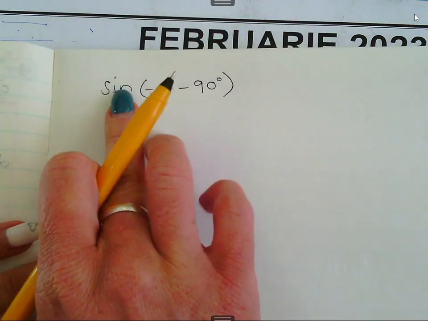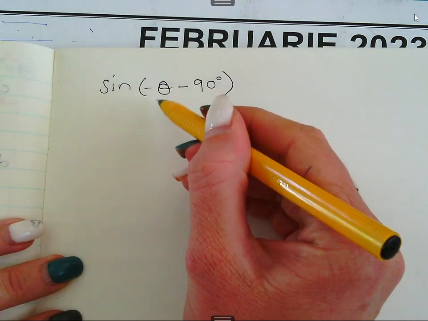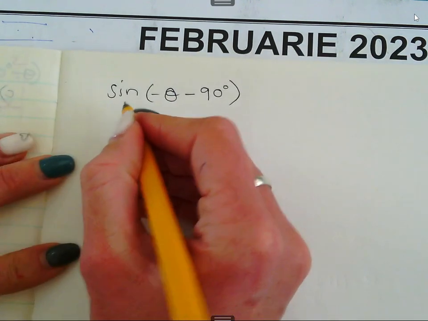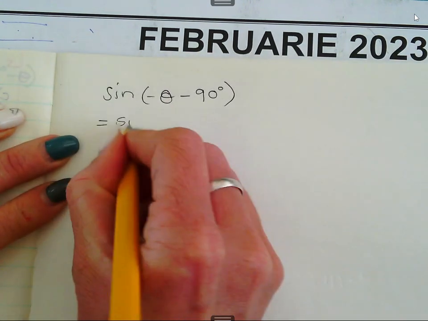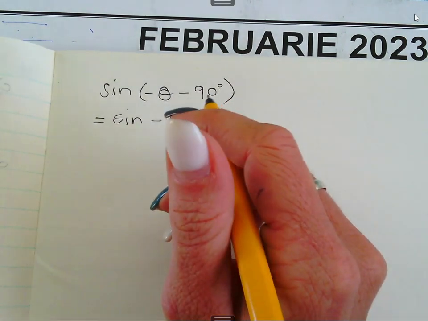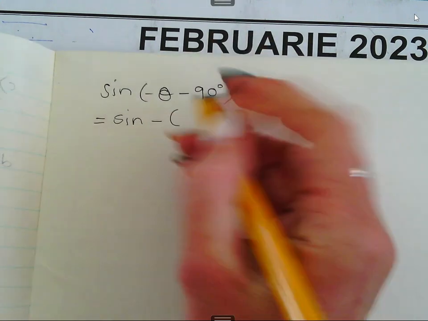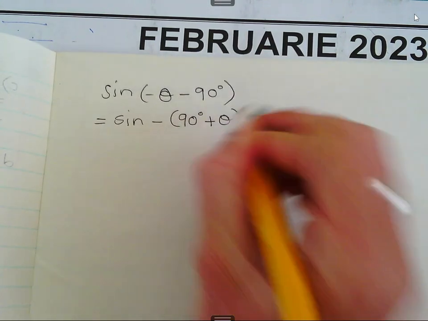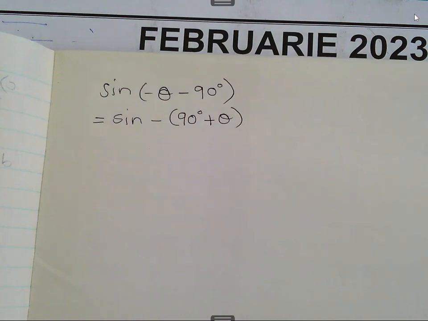Remember, we don't care that the theta is negative. It's the 90. So, we're going to take out the negative. Do you agree? Both are now positive inside, but I want it to be 90 degrees plus theta. That's the way I like it to be. If it was theta plus 90, it's still the same. It's positive, no problem there.